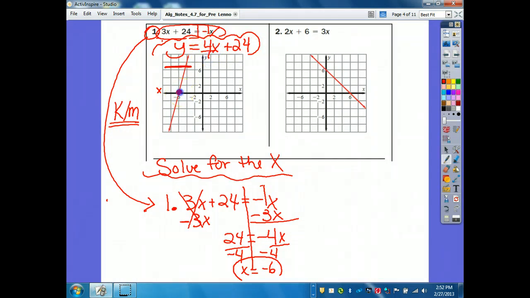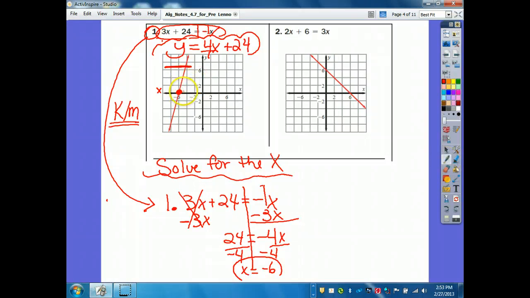So from here, where would I go? Over 1. Over which way 1? Left or right? Right 1 and up 4. And all these go by 2. So right 1, up 4. So it'd be right there. Right 1, oh, up 4, my bad. Not 3. Oh, goodness.